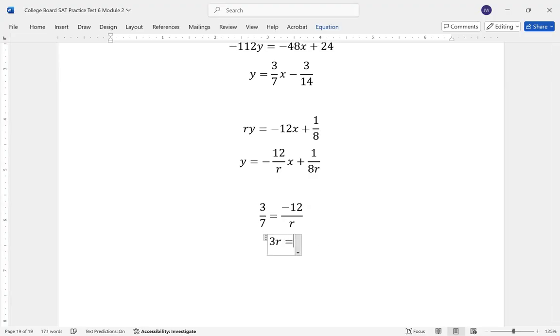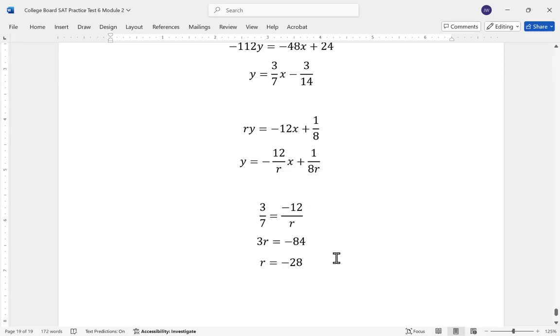3r is equal to 7 times negative 12. That's negative 84. Dividing both sides by 3 gives me an r value of 28. Oh, excuse me, negative 28. I misspoke there. So there you go.